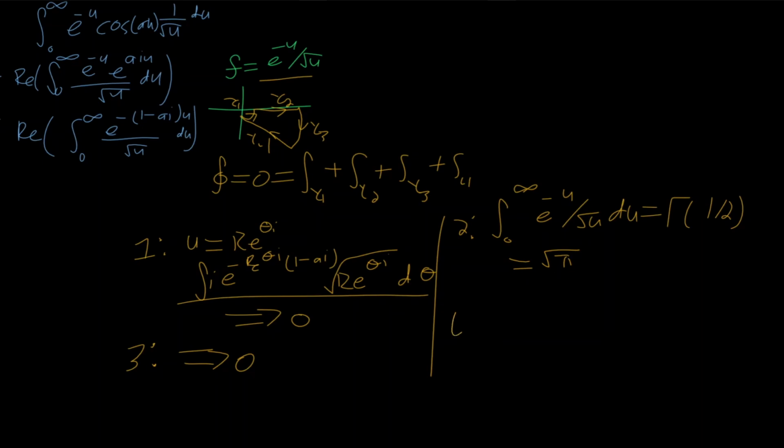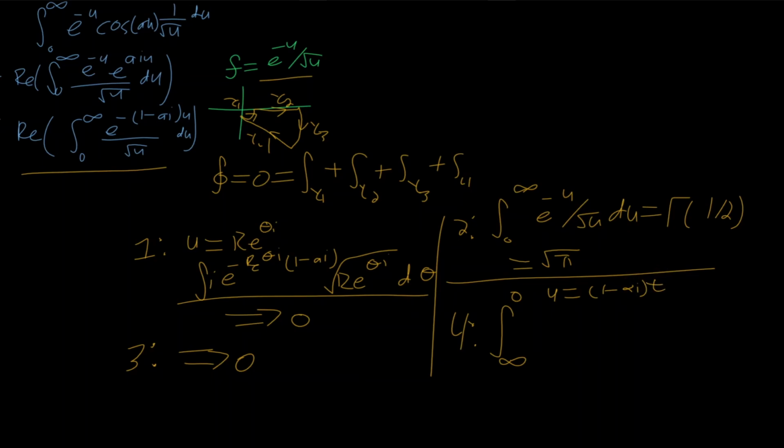What about gamma 4? What exactly is gamma 4? Well, that depends how we're going to define our contour, actually. And because we want to be finding this integral right here, we can define it as such. We can say that we're integrating from infinity to 0, because you can see the direction right there. And our transformation to obtain this is going to be u equals 1 minus ai, and then times some t.